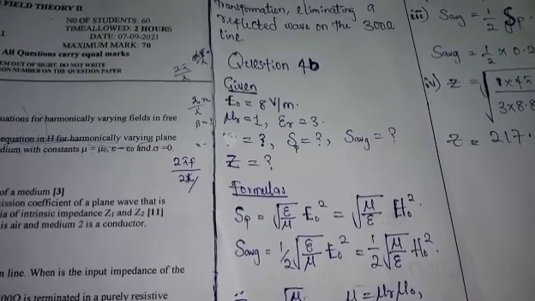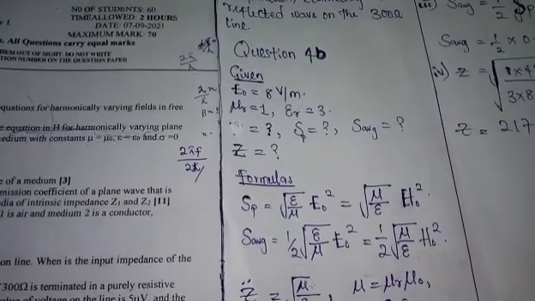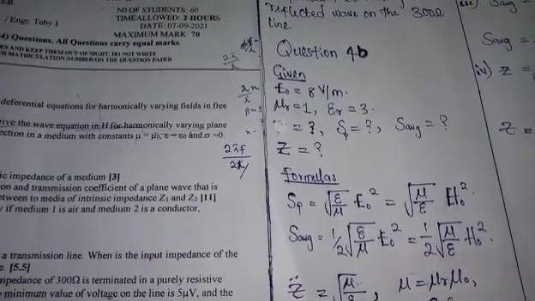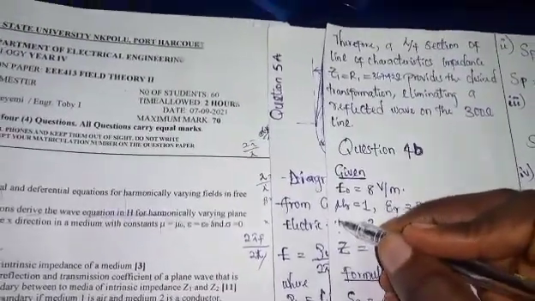So what we're looking for is the peak pointing vector. We're also looking for the phase velocity, the average pointing vector, and the impedance of the medium. This is the phase velocity. I used P.